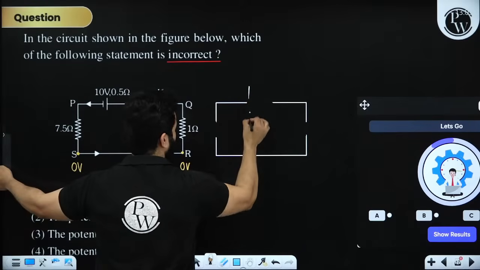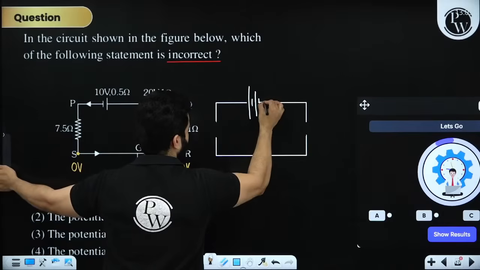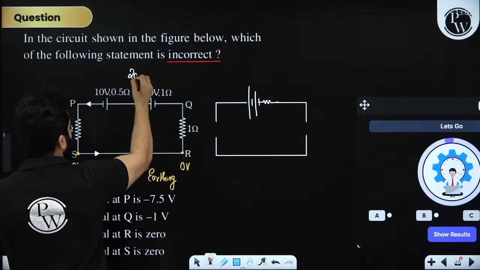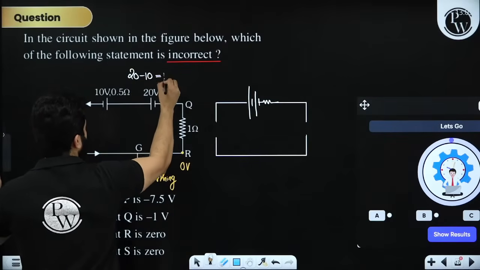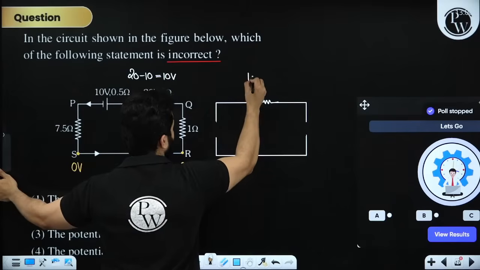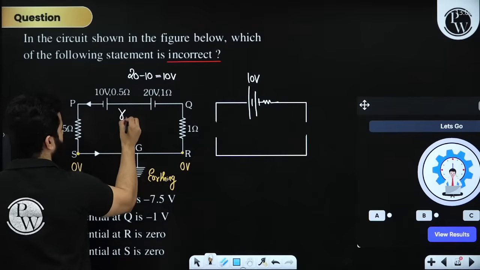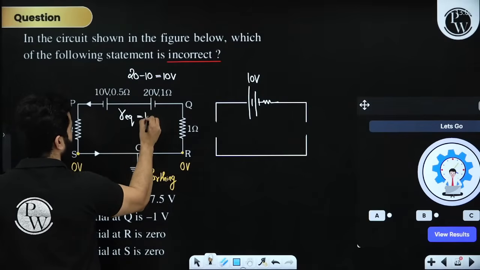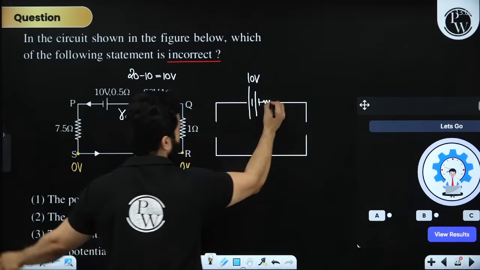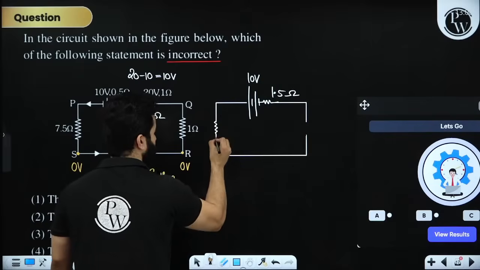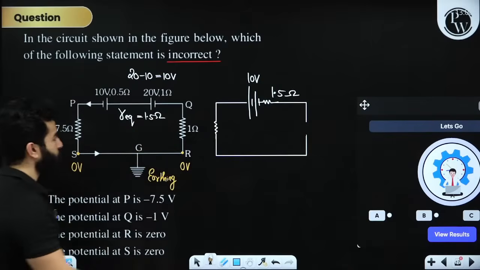So I'm going to draw one battery over here and one single resistance, and I'm going to write it as 20 minus 10, that is 10 volt. So this is going to become 10 volt. And this is 1 ohm, this is 0.5 ohm. So R equivalent will become 1.5 ohm. This resistance is 7.5 ohm.